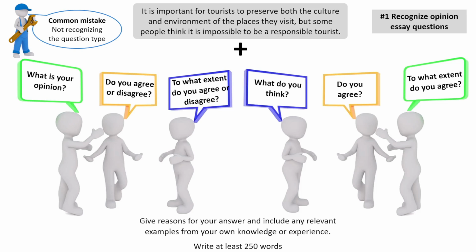Or worst of all, you might change your opinion as you're writing your essay. And all of these knock-on effects of not recognizing the question can result in a lower score. So you should decide to disagree or agree, depending on which opinion you have the best ideas and vocabulary for. What you absolutely mustn't do is both agree and disagree.